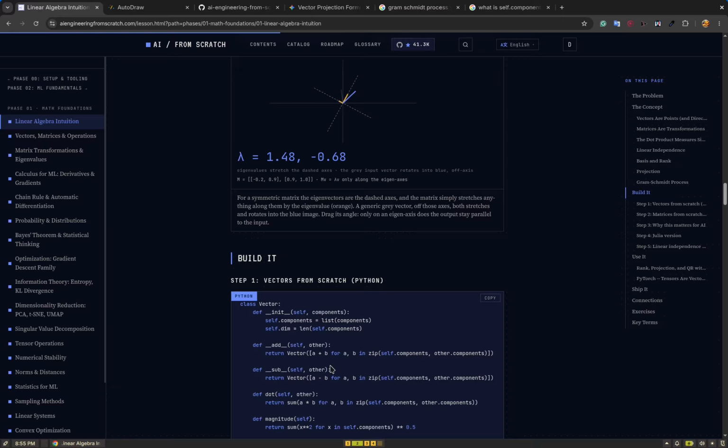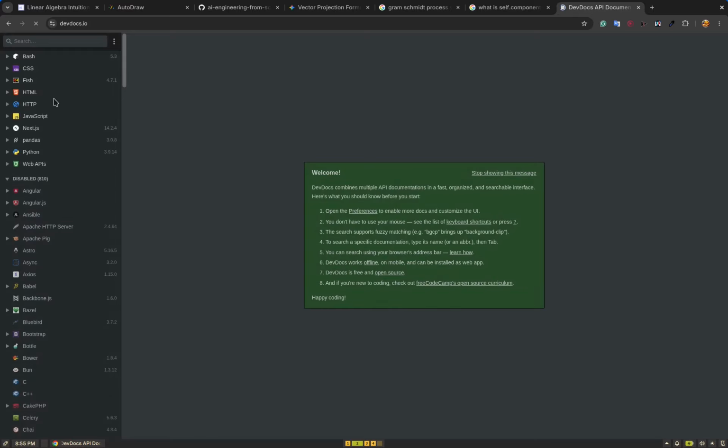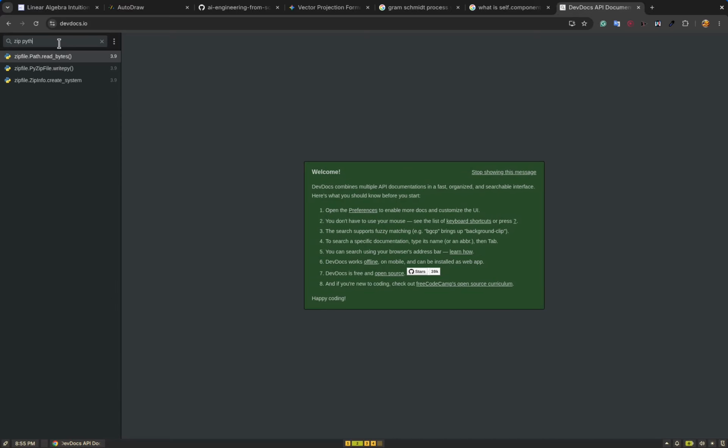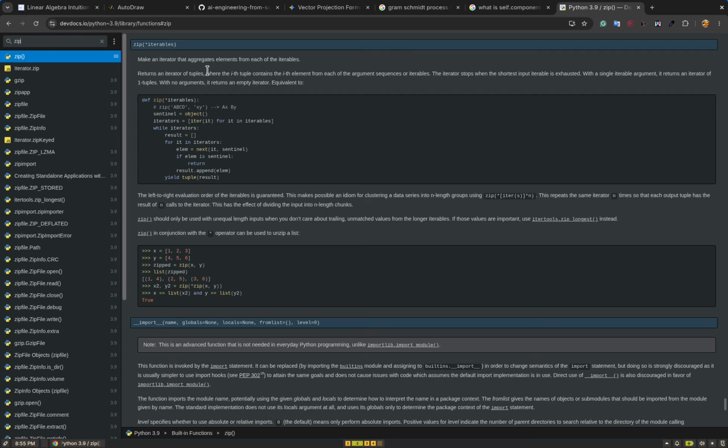I want to understand what zip is. Devdocs.io, I want to understand zip Python. Zip aggregates elements from each of the iterables. Okay.